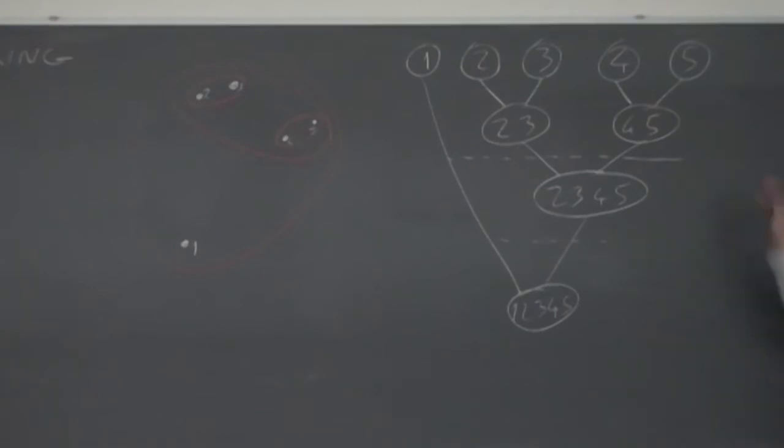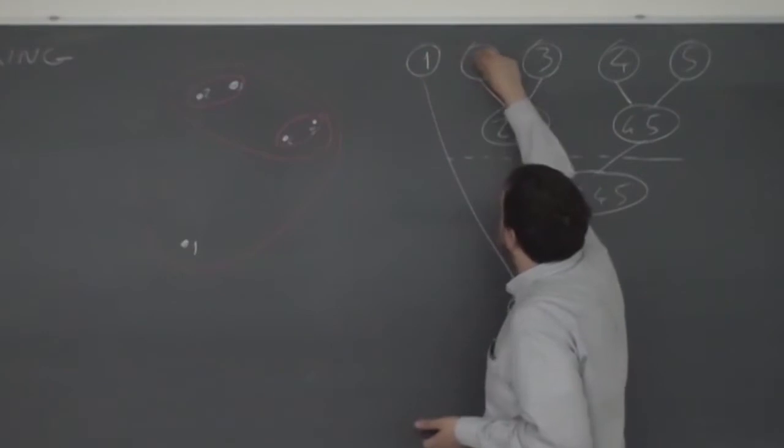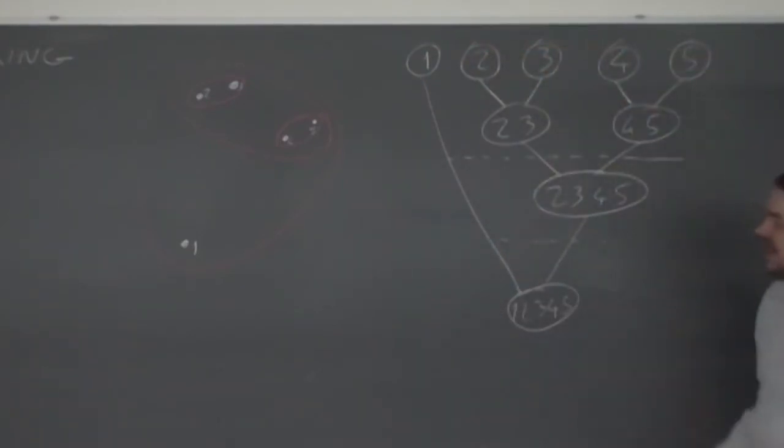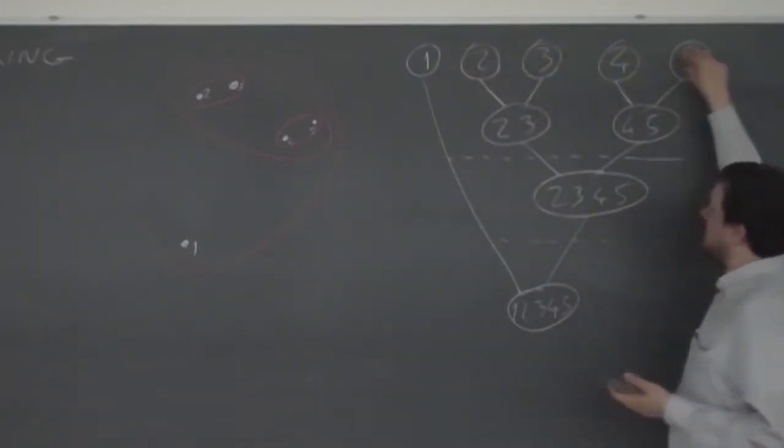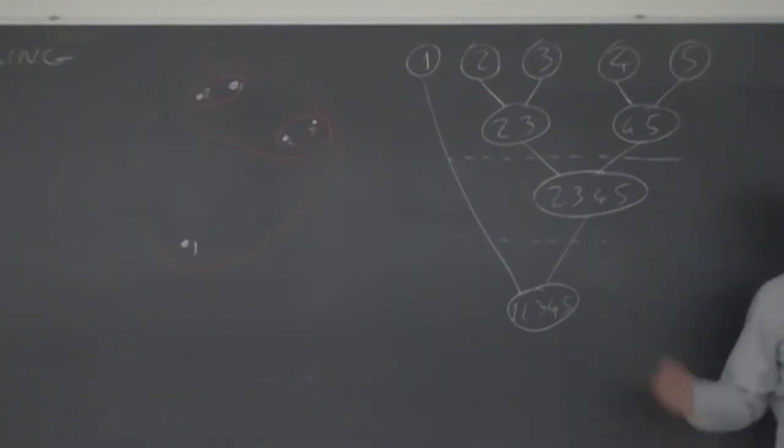Now, of course, I'll try to be a little more precise about this. So, the basic idea is this. I start with, let's say, as many clusters as there are items. So, every item is its own cluster, and then I join the 2 closest clusters into one.